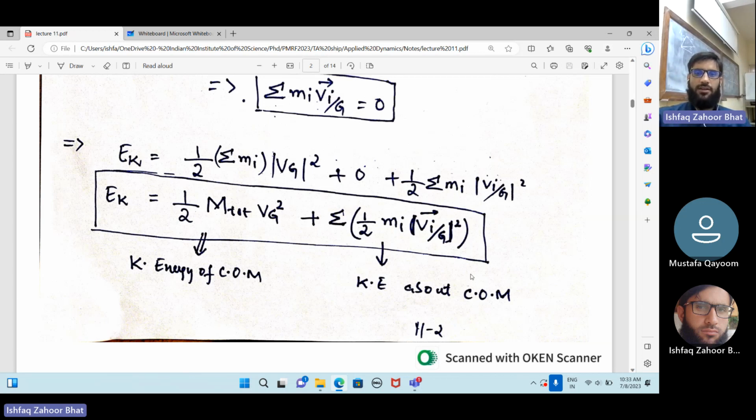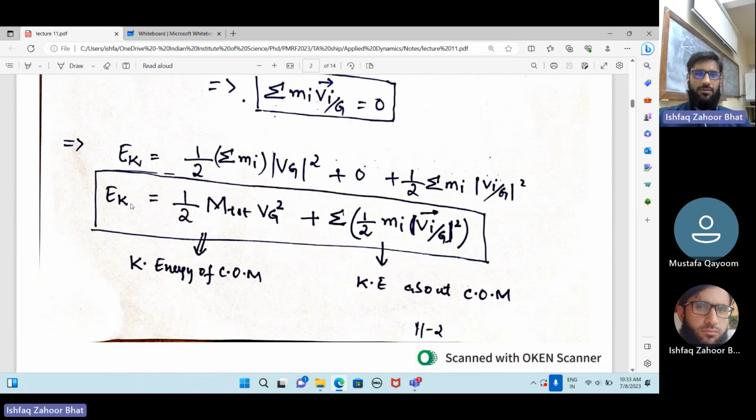Vg is not moving, but this term is there. And obviously the gas has energy, which sustains it. If the gas doesn't have energy, it will not sustain in the gaseous form. And that energy is contributed to this term.